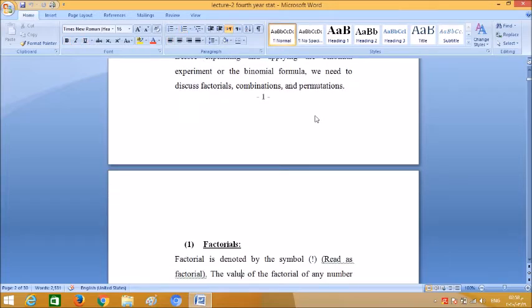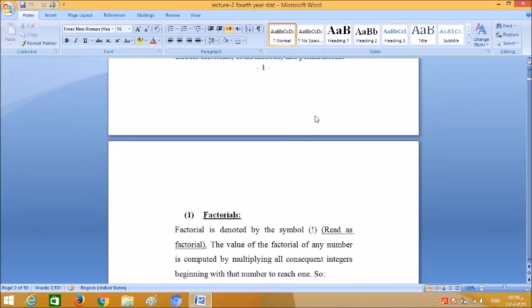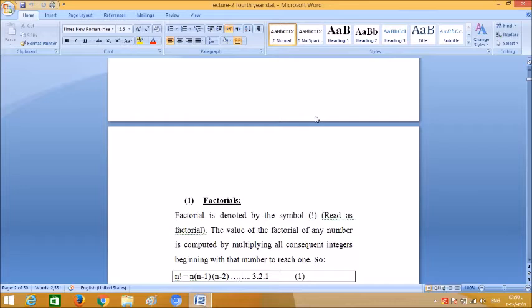So the first terminology is factorial. Factorial is denoted by the symbol !, read as factorial. The value of the factorial of any number is computed by multiplying all consecutive integers beginning with that number to reach 1. Okay, so if we want to get the factorial of 3, you have to multiply 3 by 2 by 1.